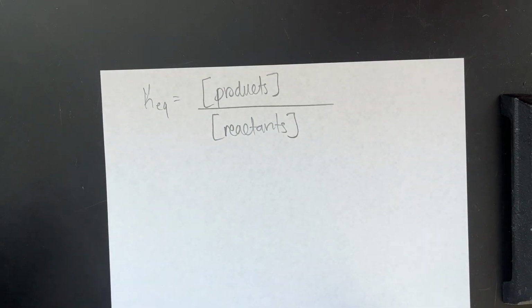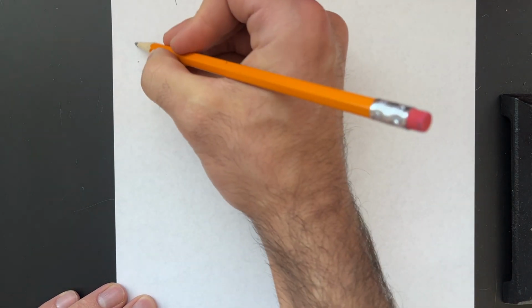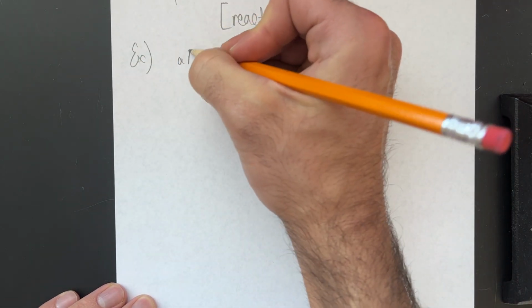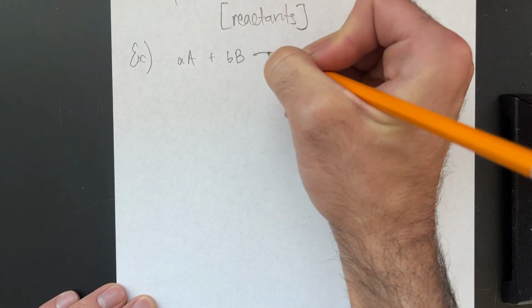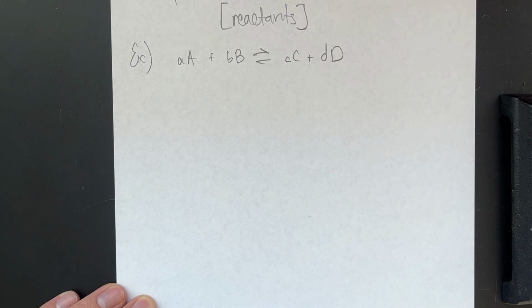And so, for example, here, say we have aA plus bB is in equilibrium with cC plus dD.